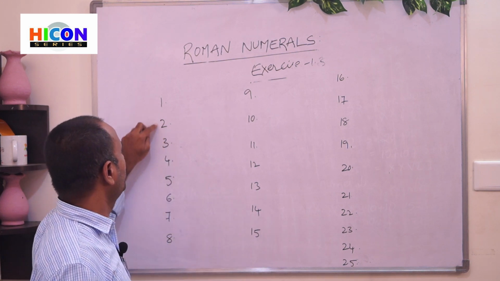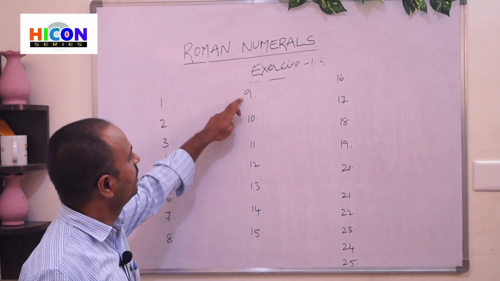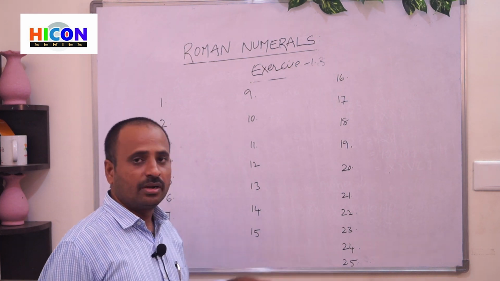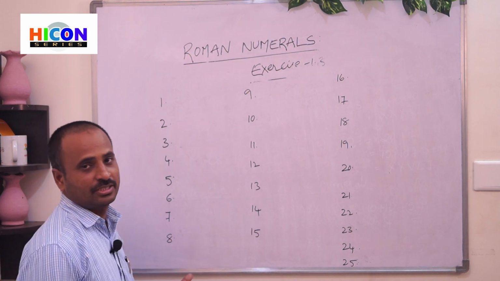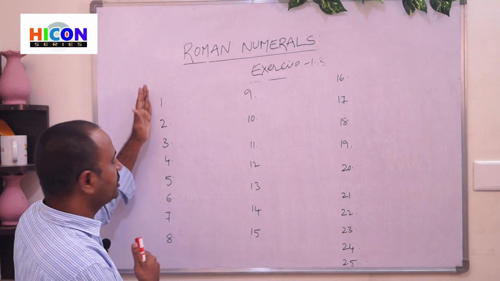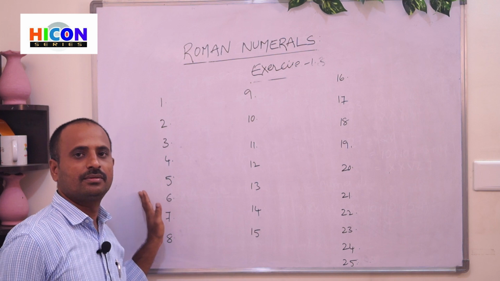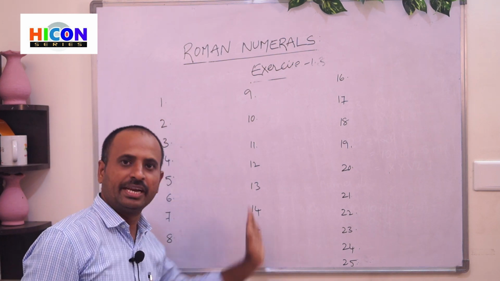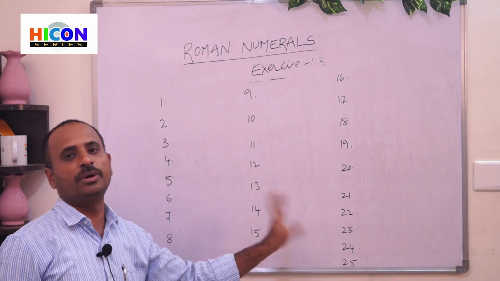I have written from 1, 2, 3, 4, 5, 6, 7, 8, 9, 10, 11 up to 25. Now let us practice how to convert every number up to 39 into Roman numerals.